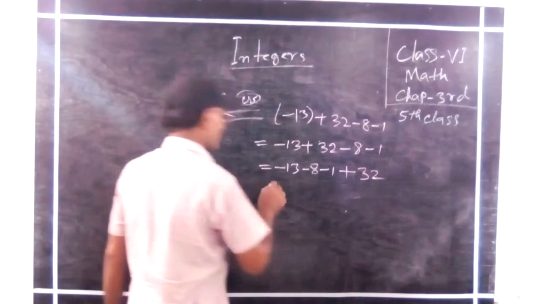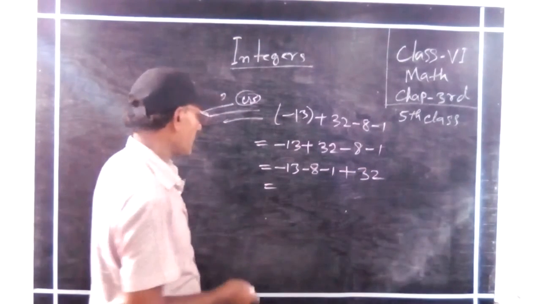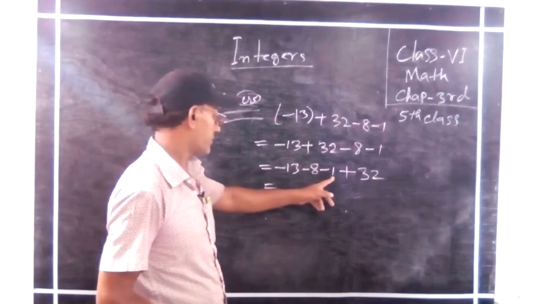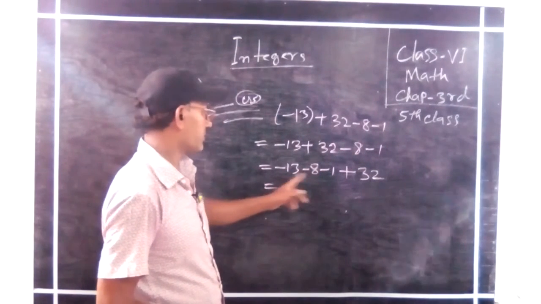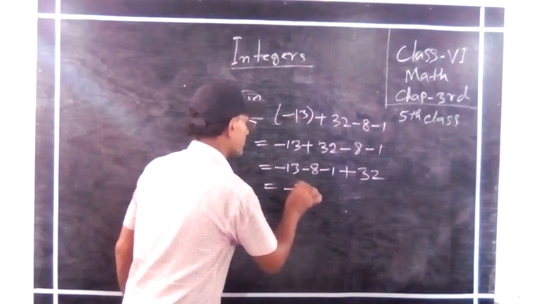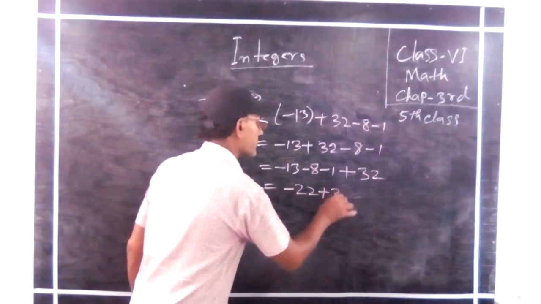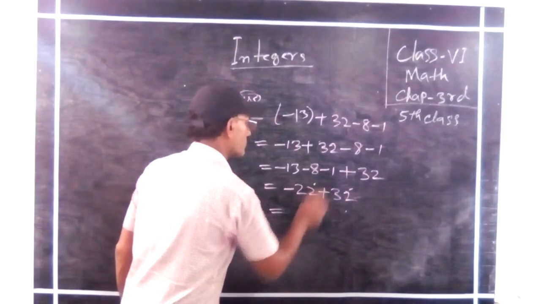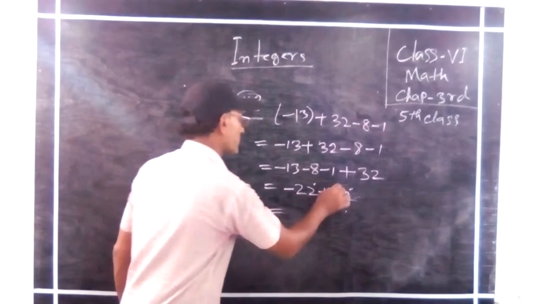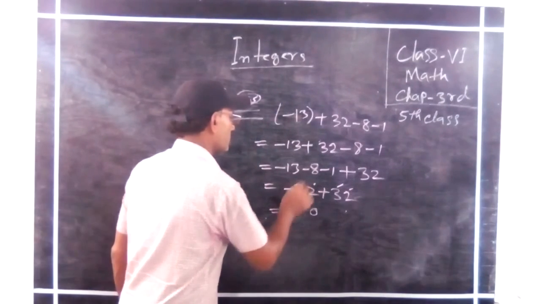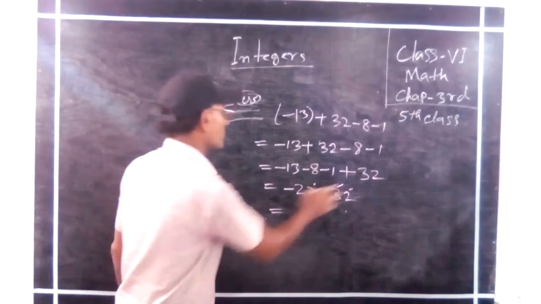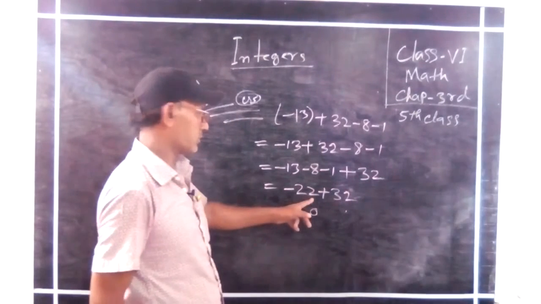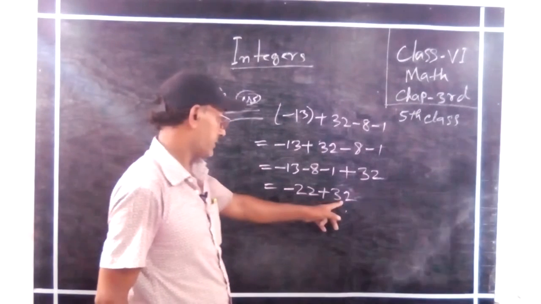We can use a different place. -13 -8 -1 gives -22, plus 32. Sorry, that means 22 is less than 32.